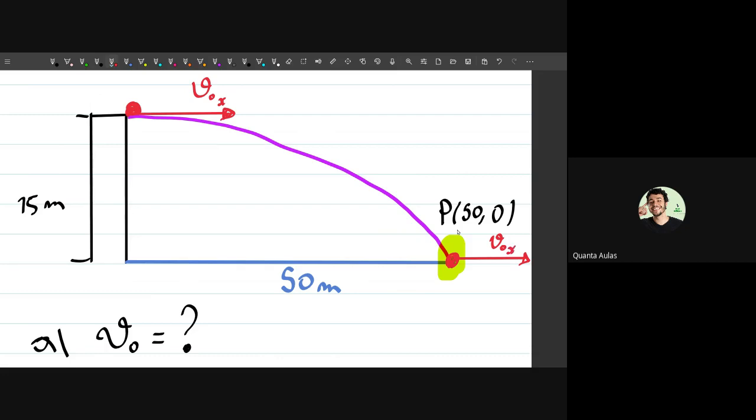But now we have a velocity in y, because when the body hits the floor, it has a velocity. We know when it hits, it stops. But at the moment that it hits, it has a velocity. Okay? We want to know what the velocity is.